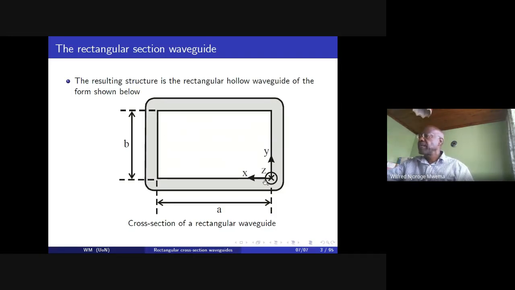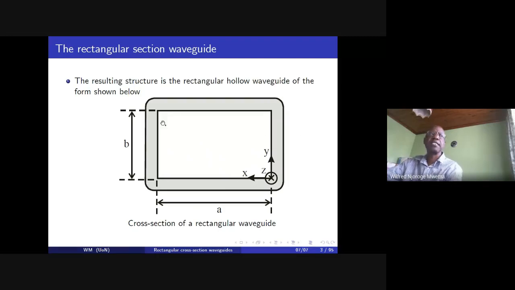And another one where the field is also 0. And we'll have the same kind of field distribution in this empty space that we have in here. So this would be the plates of the guide, and this would be the shorting plates which we have now put to develop a sidewall.